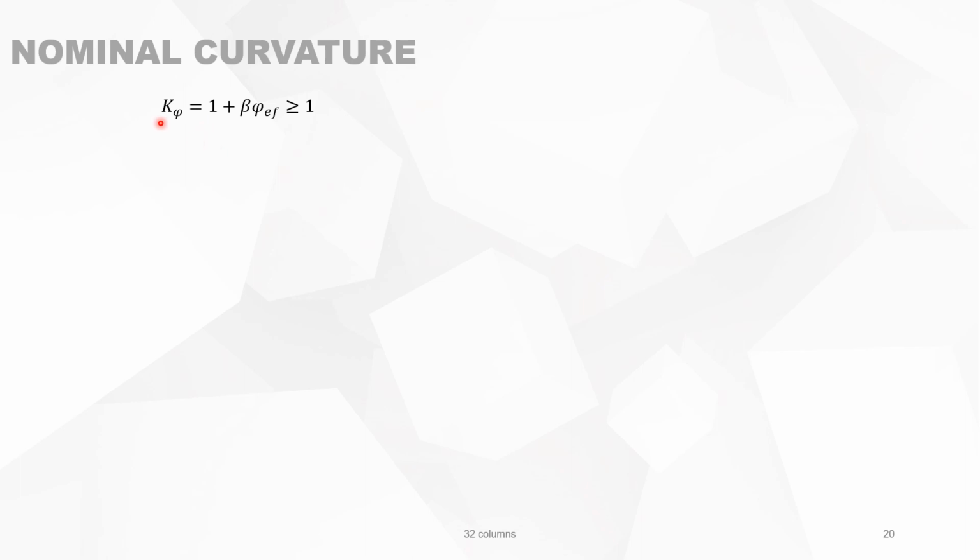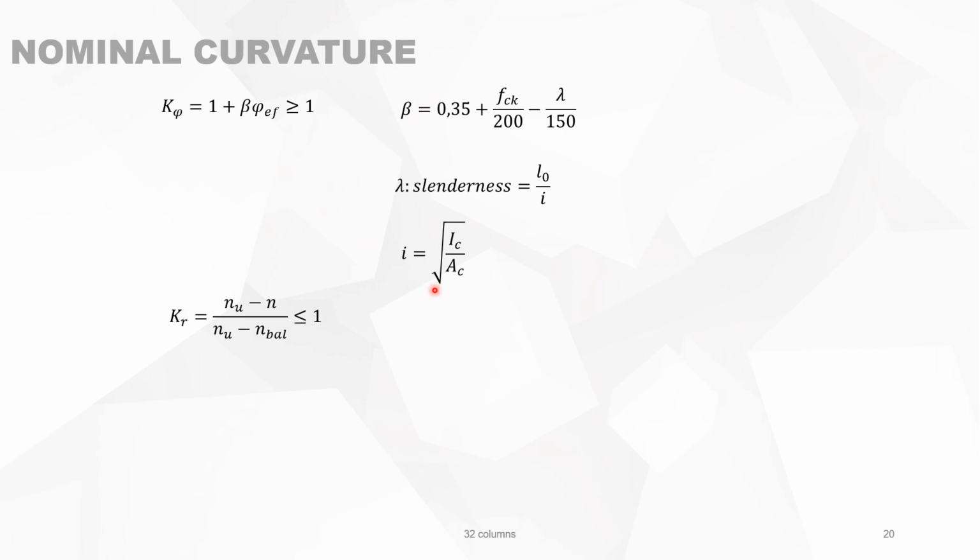Kφ, like I said, is a function of the creep coefficient. Beta, again, depends on the slenderness of the column and on the concrete quality. The slenderness of the column is L0 divided by the radius of gyration, but like we said in the beginning, we know what this is.